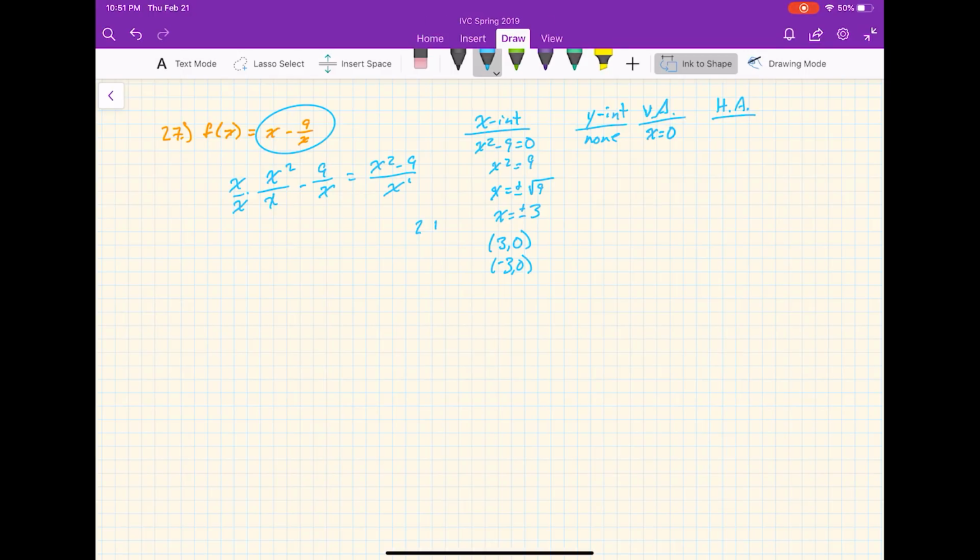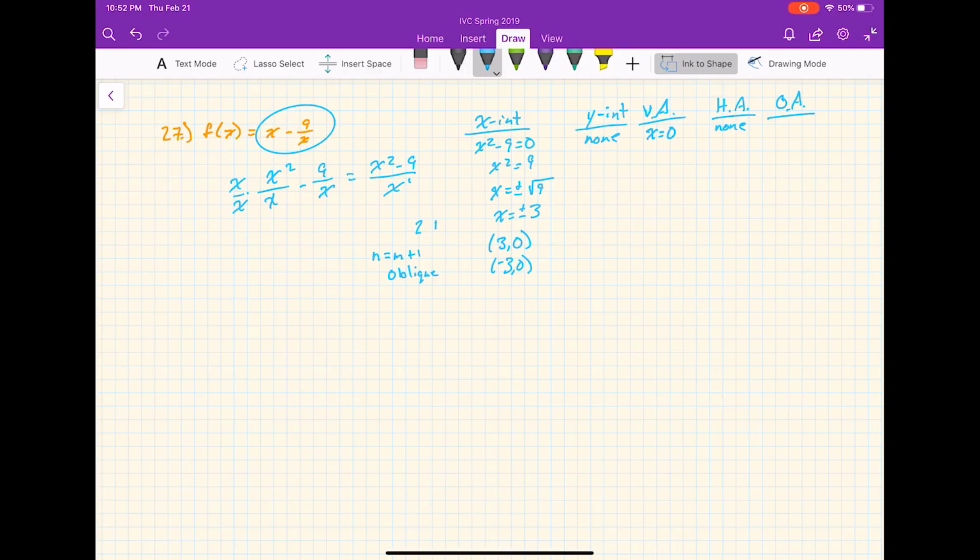But remember, we had a rule that was n equals m plus 1. That means we have an oblique asymptote. So that means we don't have a horizontal one in this case. So none for this, but we do have an oblique asymptote.